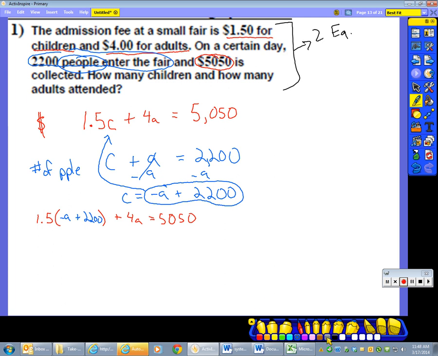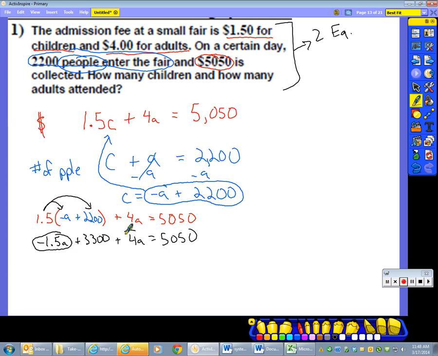I'm going to use the distributive property here. 1.5 times a negative a is a negative 1.5a, and 1.5 times 2,200, let's see. You can use a calculator, but I've already done it. It's going to equal a positive 3,300. You can check my math on that. Plus 4a equals 5,050.